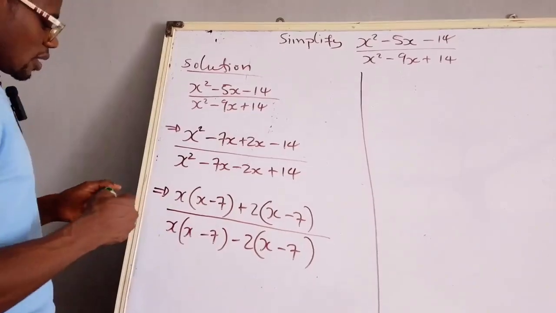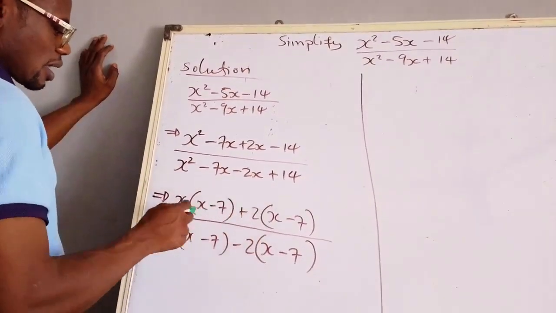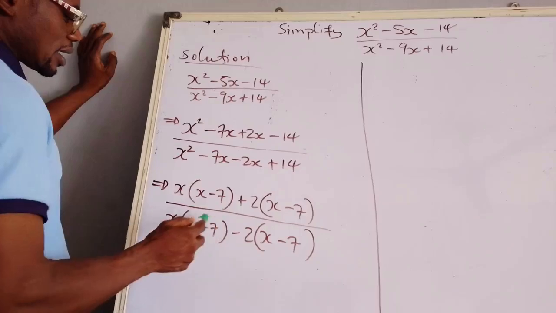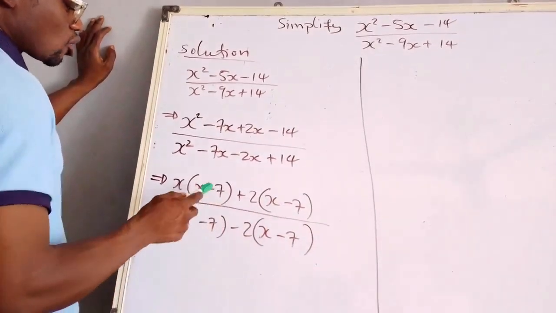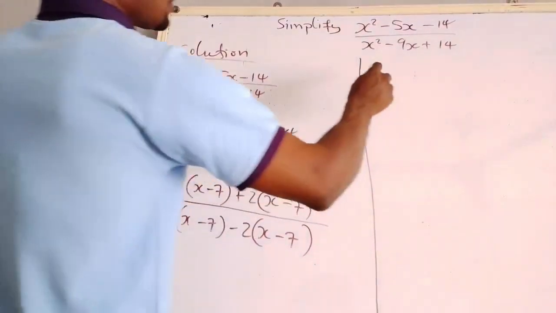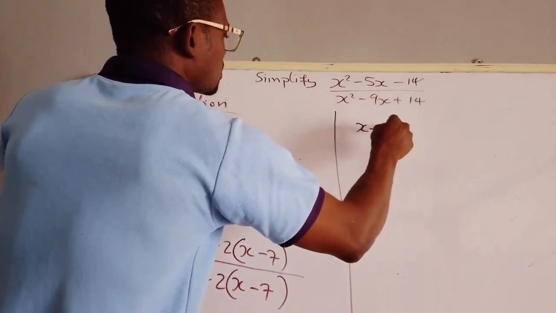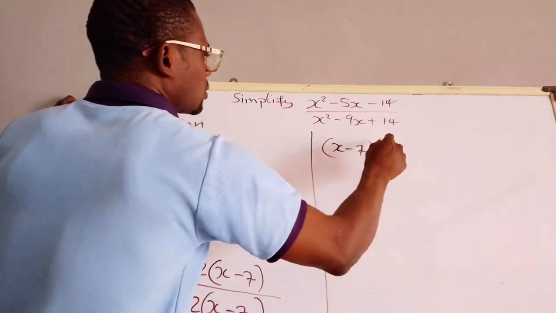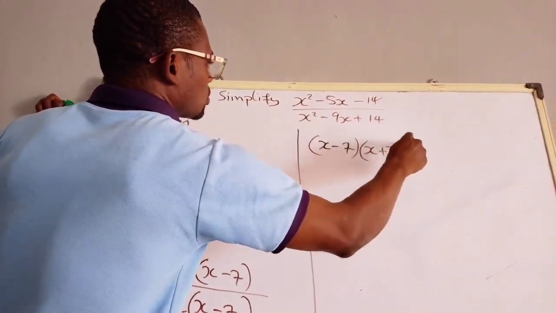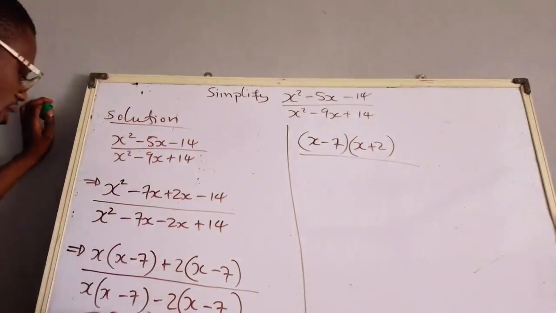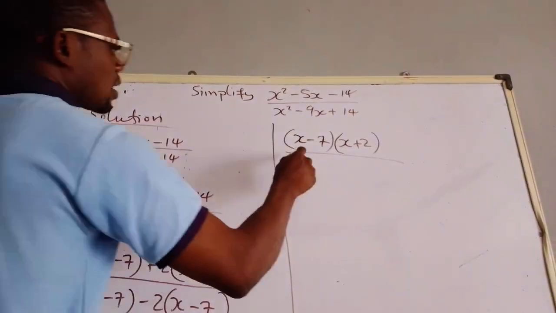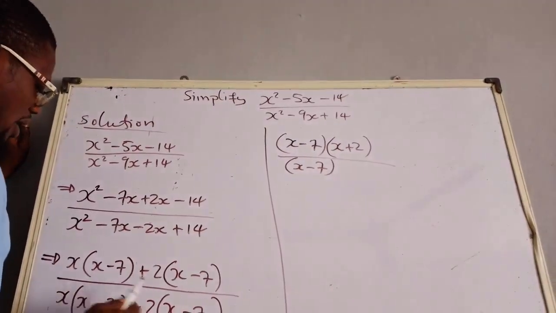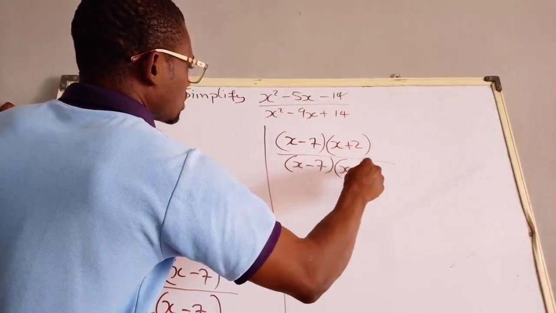Now, when you have factorized this way, you can see that the terms in the bracket are the same in each case. So pick the term in the bracket first, which in this case is x minus 7, and then pick the term outside the bracket, x plus 2. That is for the numerator. What about the denominator? Pick the term inside the bracket first, x minus 7, over the term outside the bracket, which is x minus 2.